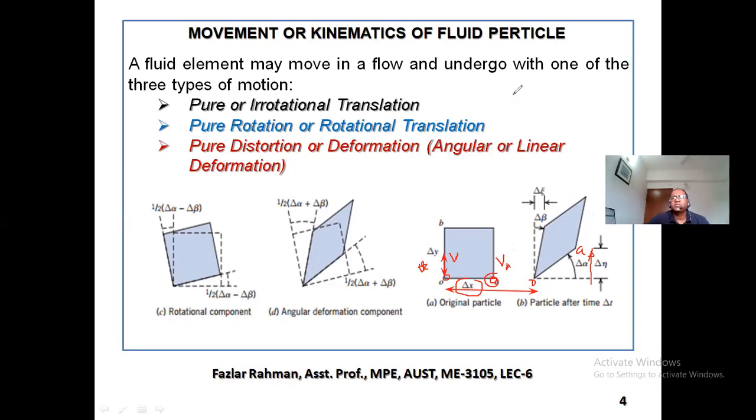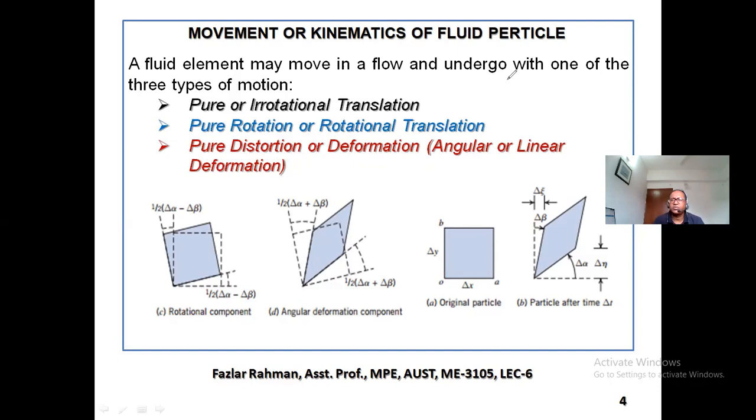Okay. So let's see, we'll derive one thing. So there is rotation or rotational translation, pure distortion, also called angular deformation of the fluid. So we'll check when there will be translation, what is the condition for translation?